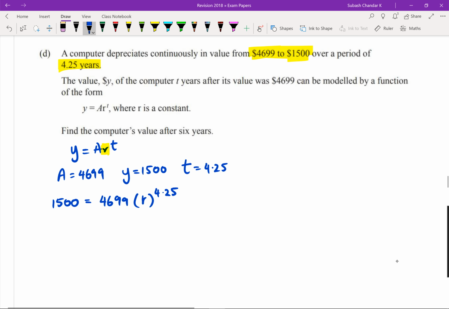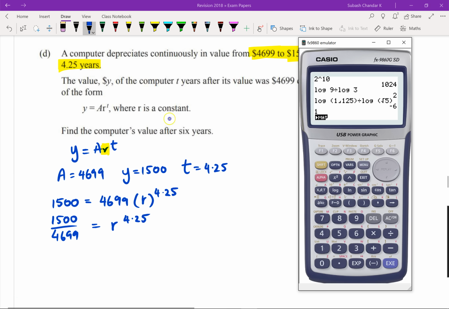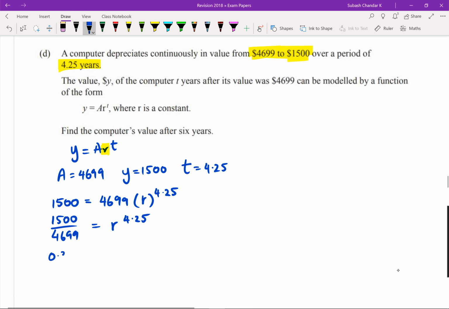The next step is I get 1,500 divided by 4,699 equals R to the power of 4.25. So 1,500 divided by 4,699 gives me 0.3192, which is R to the power of 4.25.